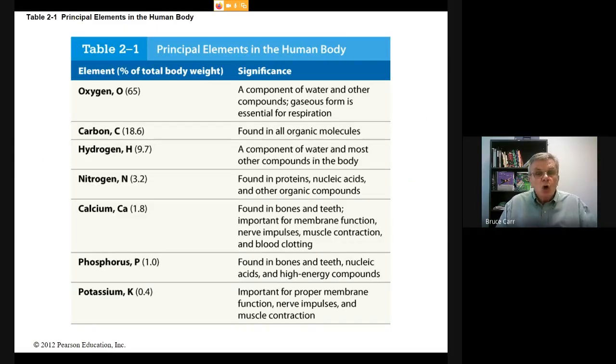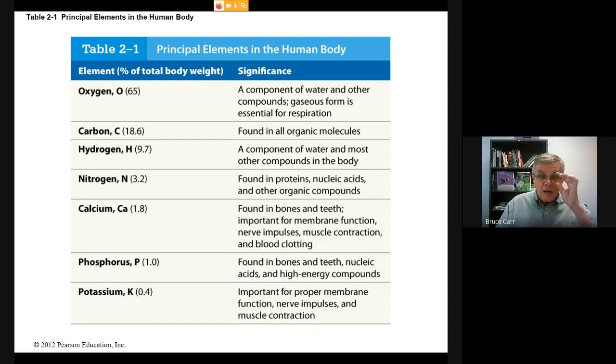Let's try to bring this home and talk about living things. Living things are made not of the 118 elements that we currently have in the periodic table, but as all cells, and by the way, this is not just human beings.